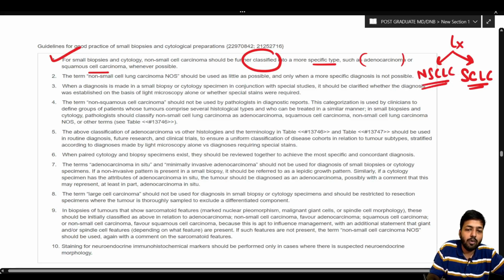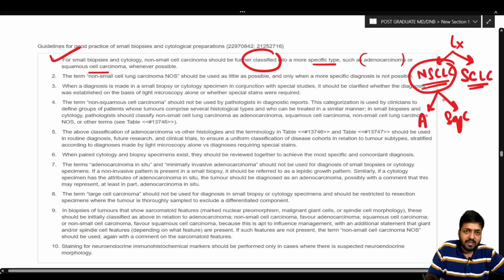So these were the two headings. Under the non-small cell lung carcinoma, we have adenocarcinoma and squamous cell carcinoma and other carcinomas like large cell neuroendocrine tumors or large cell carcinomas.